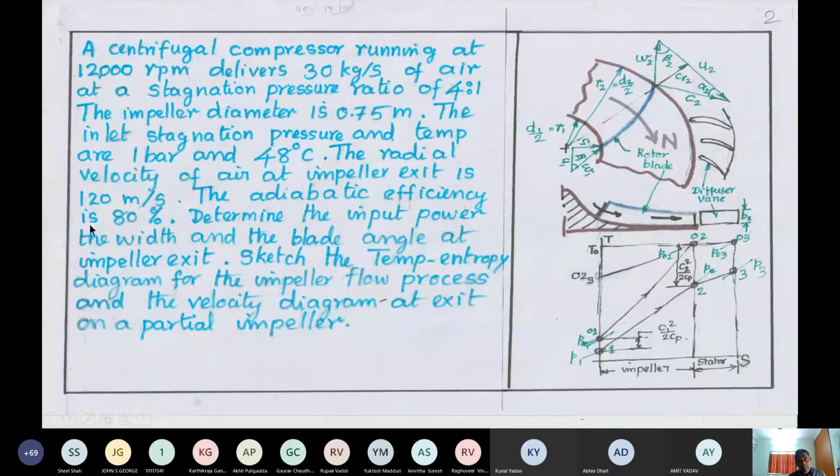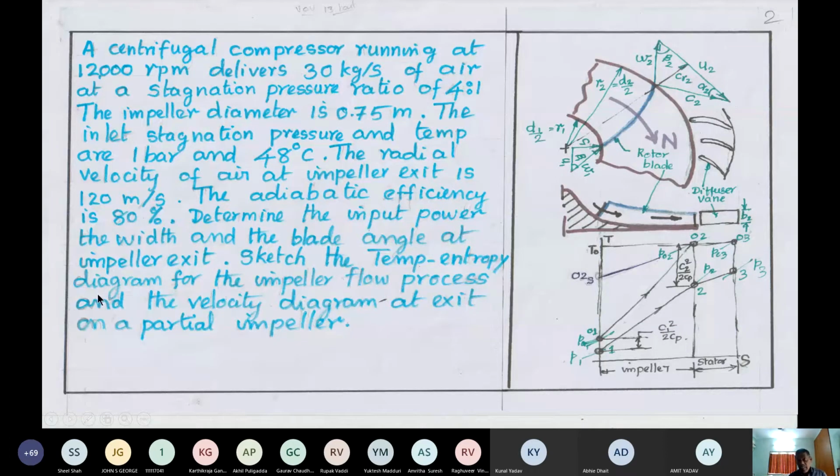Here it is 120 meters per second, very high velocity. The adiabatic efficiency is 80%. Determine the input power, the width B2, and the blade angle beta 2 at impeller exit. Sketch the temperature entropy diagram for the impeller flow process and the velocity diagram at exit on a partial impeller.